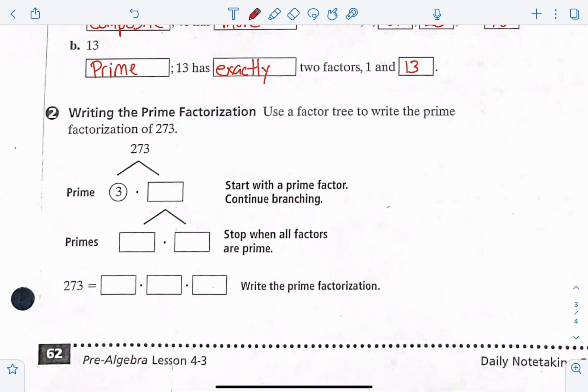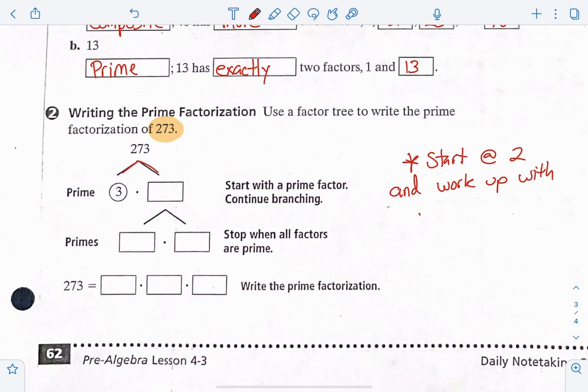So I've been mentioning that we were going to work on factor trees. The way that works is you put the original number up at the top. They said write a factor tree for the prime factorization of 273. So at the very top we have 273. Breaking off of that, we always start at 2 and work up with prime numbers.